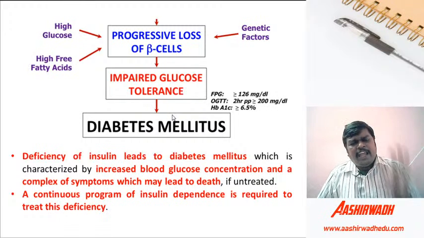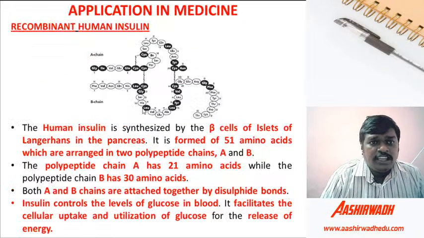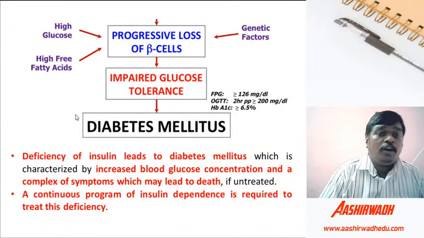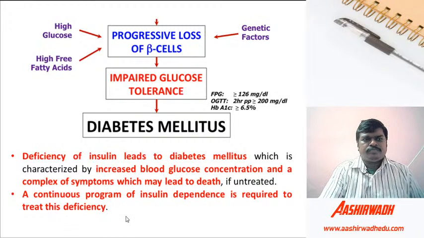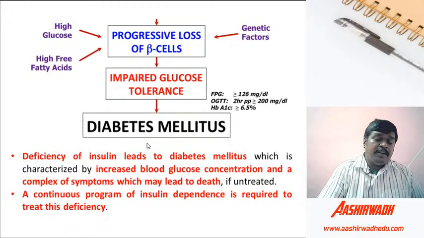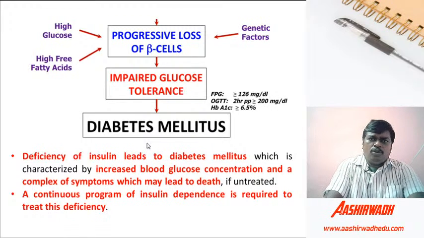To treat diabetes mellitus patients, nowadays we are using human insulin produced through recombinant DNA technology. Continuous production of insulin is required to treat the various diabetic patients. That is how insulin plays an important role.